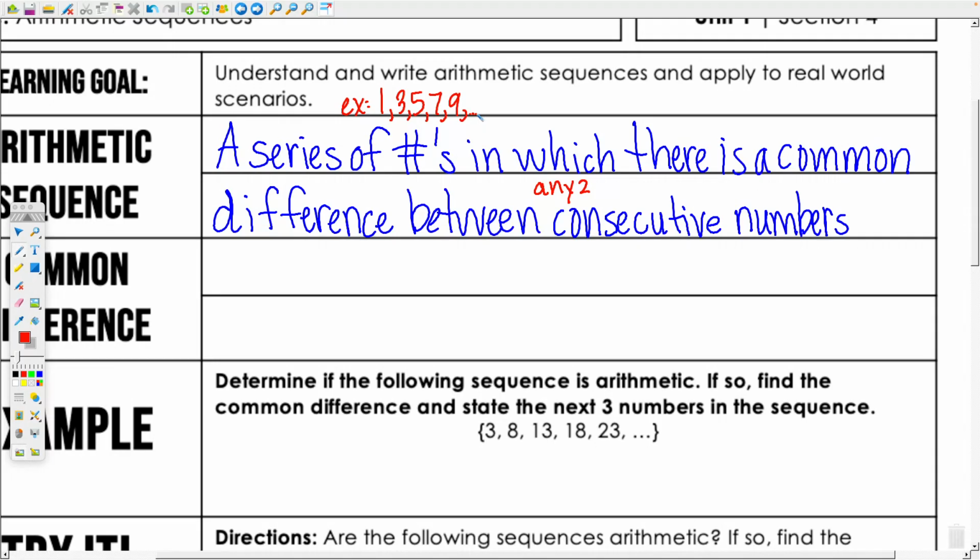So let's get a definition right here. In the next box underneath, it says your common difference.